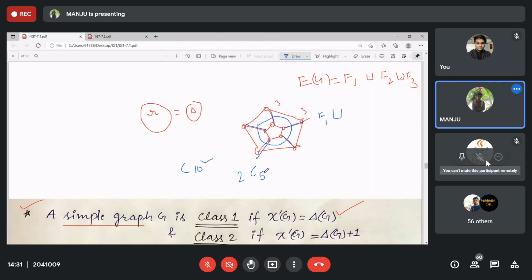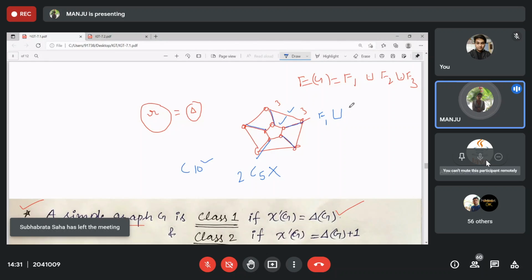So the one factor depends on whether there exists a perfect matching in C5 or not. No, there does not exist any one factor for that, right? So yes, a two factor exists.